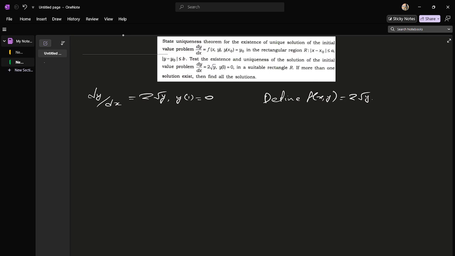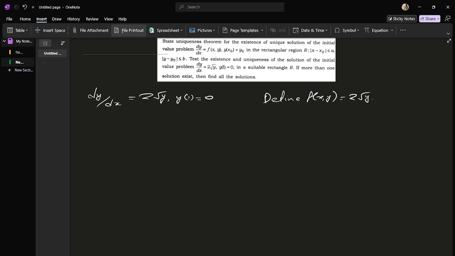For the Picard-Lindelöf existence and uniqueness theorem, we have to check whether it is continuous in our domain, in a suitable rectangle.